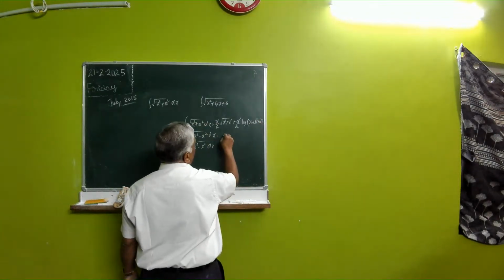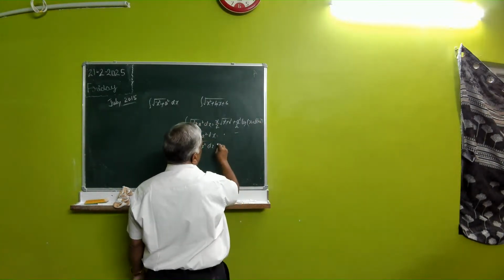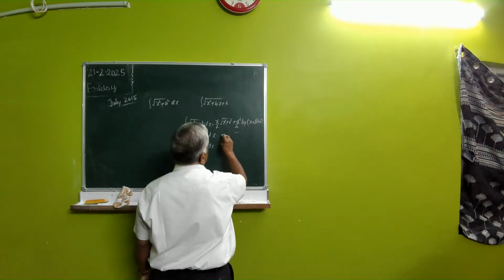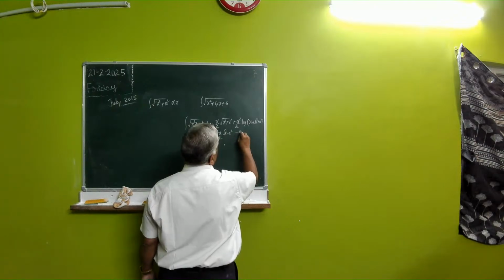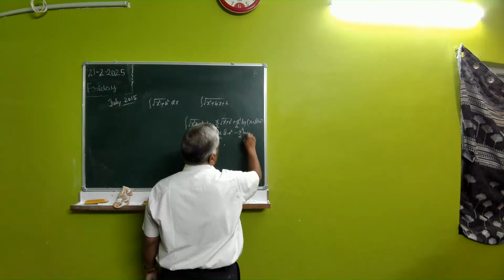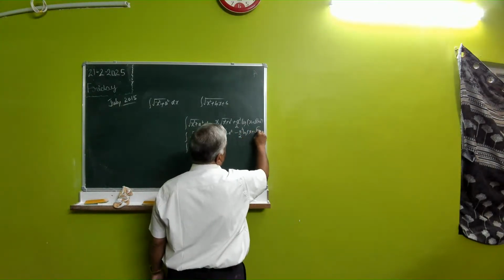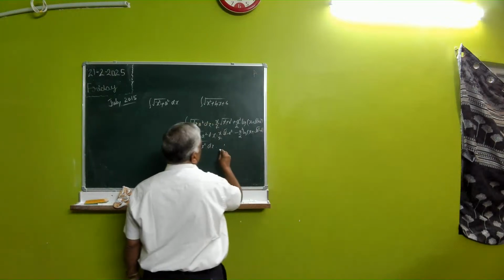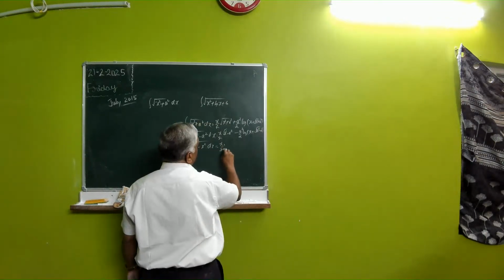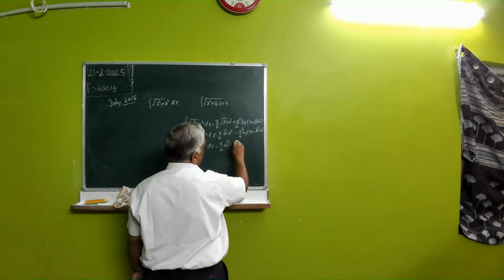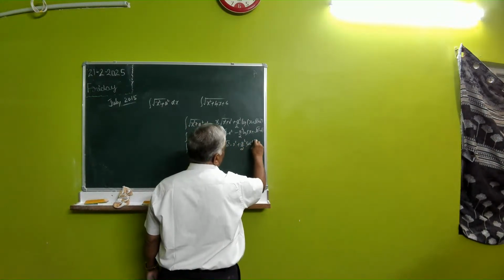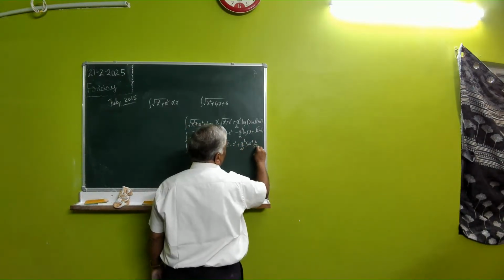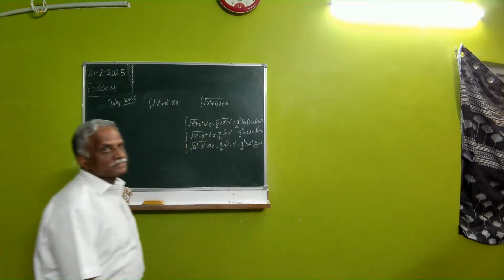This is also the same, you get a minus sign here: x by 2 into root of x square minus a square, and this is minus a square by 2 log of x plus root of x square minus a square. And this is the same thing: x by 2 root of a square minus x square plus a square by 2 sin inverse x by a. These are the three standard problems.